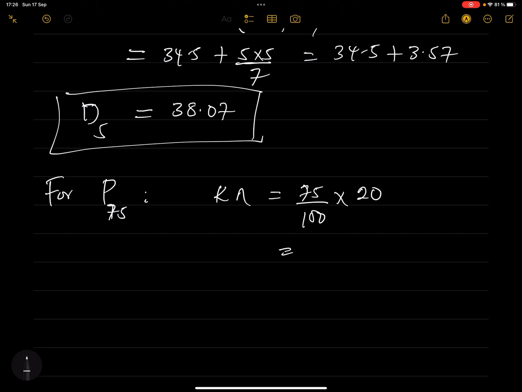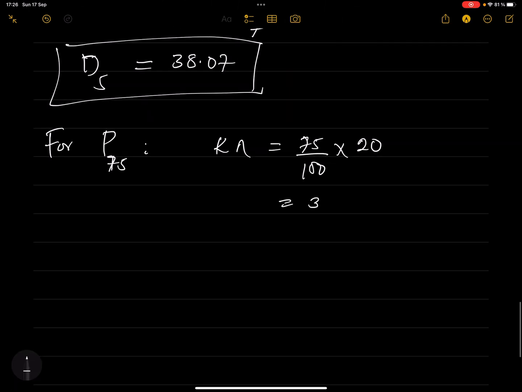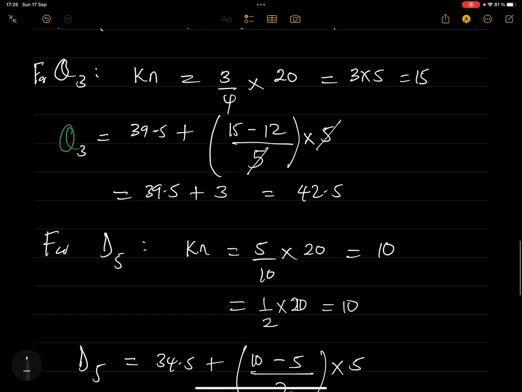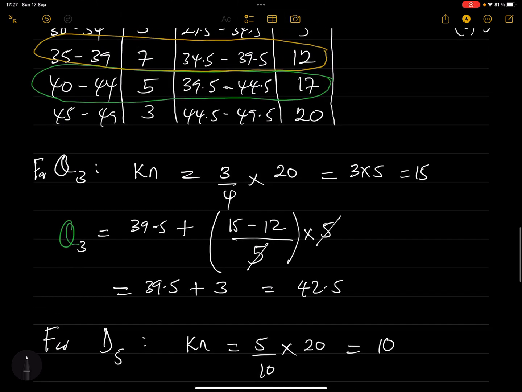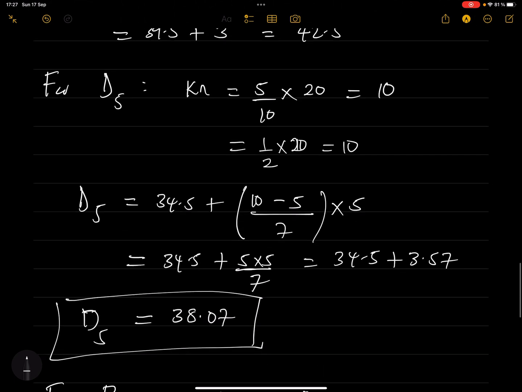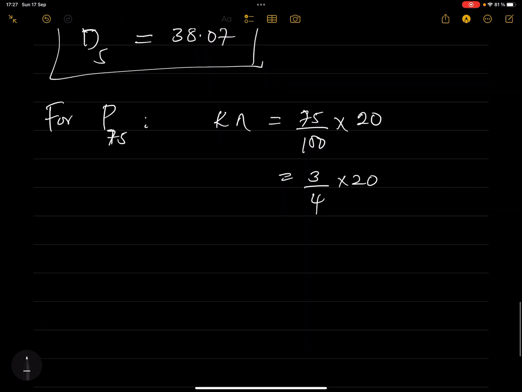We can simplify this: 25 in 75 is 3, and 25 in 100 is 4, so we get 3 over 4 times 20. Check your Q3: Kn is 3 over 4 times n. So that means P75 is equivalent to Q3.